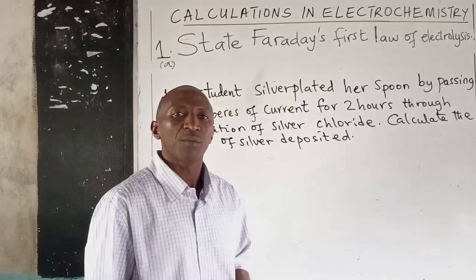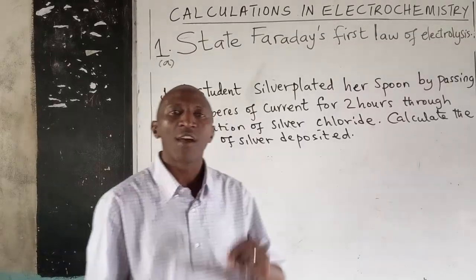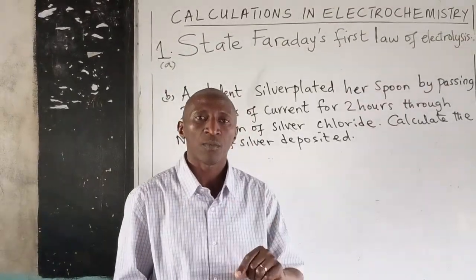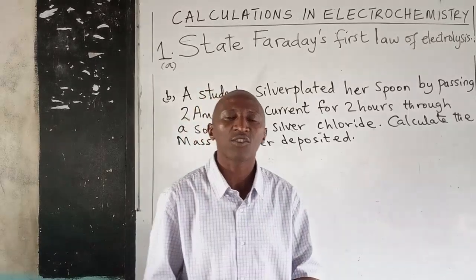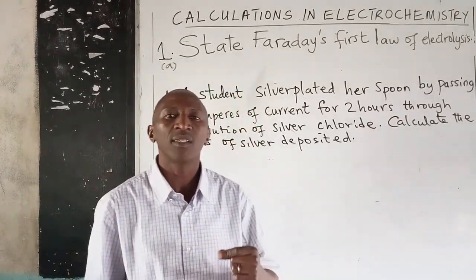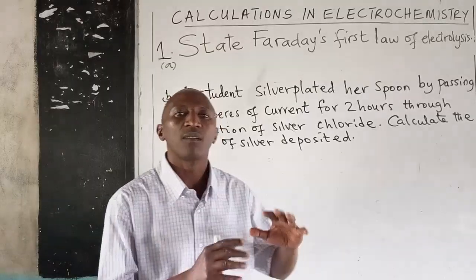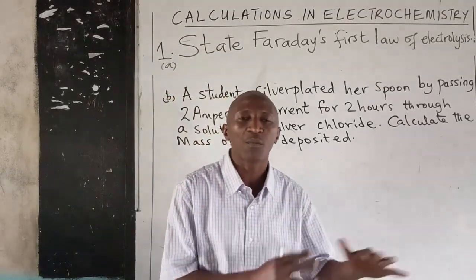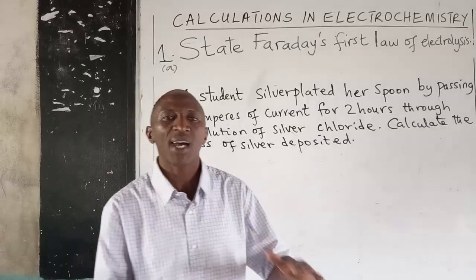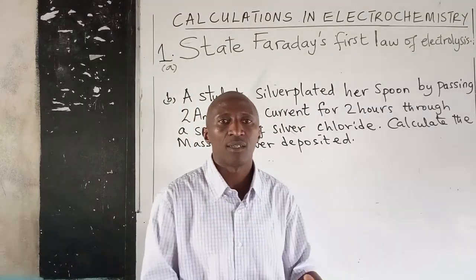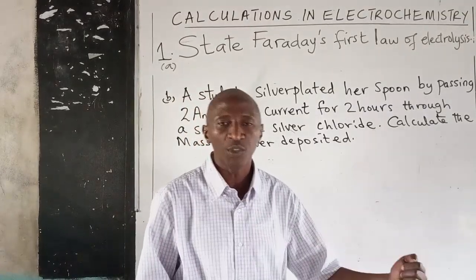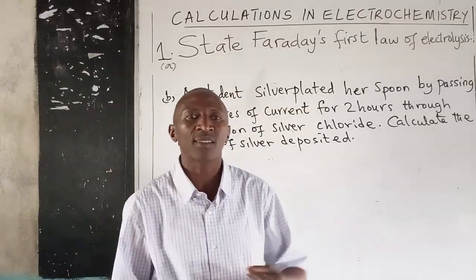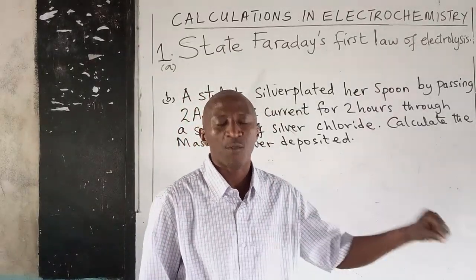Basically, in electrochemistry, we focus on Faraday's first law, and this law enables us to calculate the mass of substance, maybe a metal deposited, or the mass of product, could be a gas produced. So the first focus there is calculating the mass of a product.